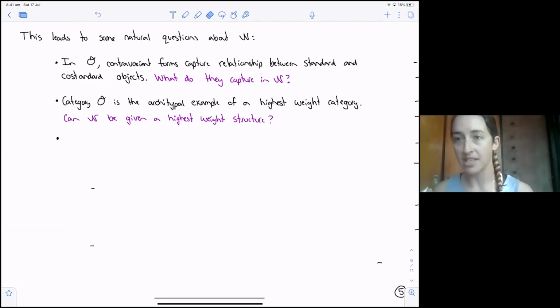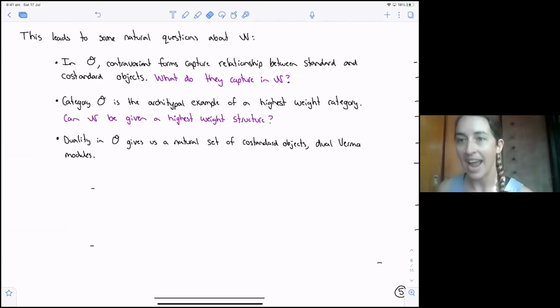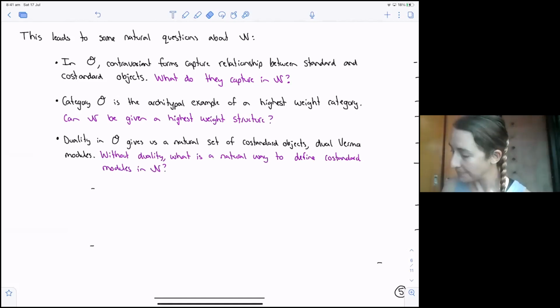For something to be a highest weight category, it needs to have some specified set of standard objects, simple objects, and co-standard objects. So before we can really talk about a highest weight structure on N, we have to have some notion of co-standard objects. How we get those in category O is we take the standard objects and apply duality. But without duality, how can we define co-standard objects in N?